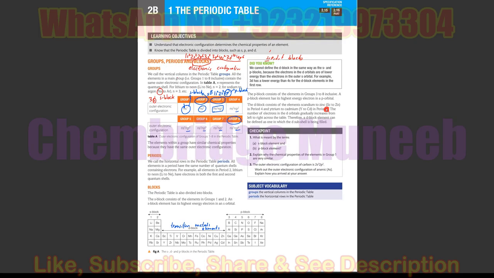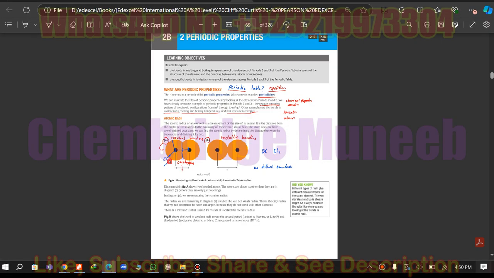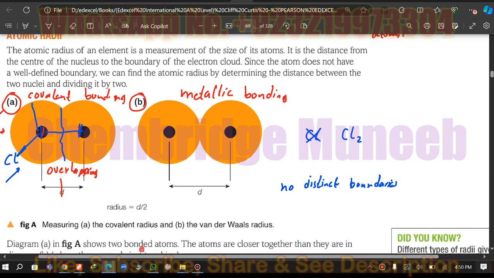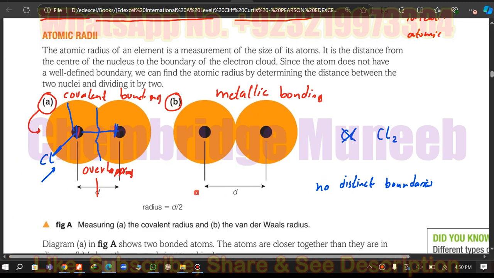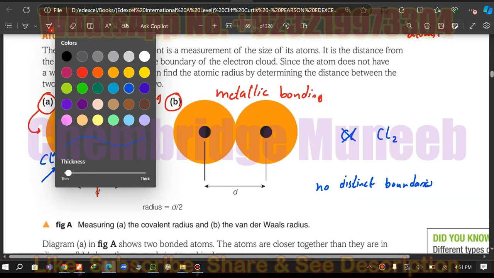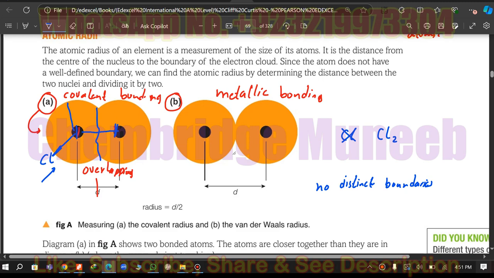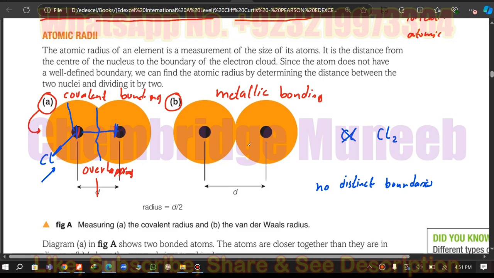Is it clear? Okay, so the left side was for the covalent bond, whereas on the right side we have a metallic type of element, a metal atom. You know that in metal atoms, the atoms are not overlapping on each other. Instead, their outer boundaries are touching each other from the outside. You know about the metallic structure, there is an array of positive ions surrounded by a sea of electrons.